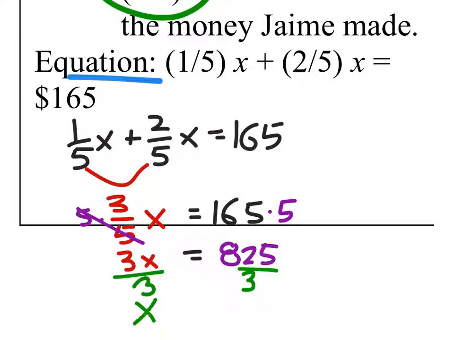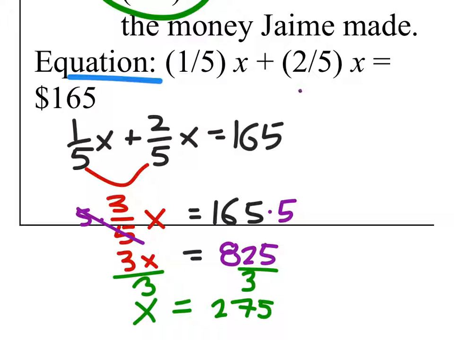And we find that x equals 275. Well, x was how much Jamie made. So to figure out how much, I think it was John first, right?